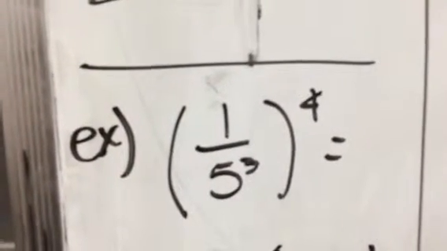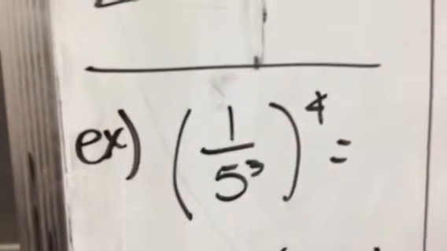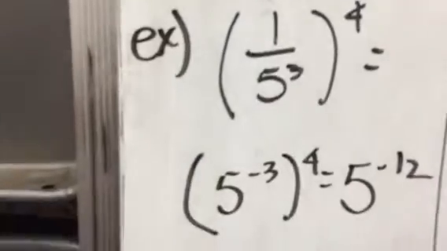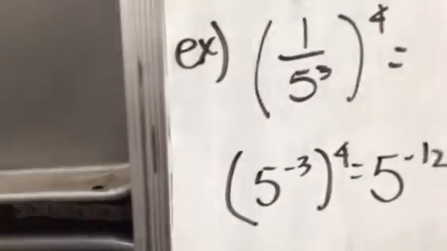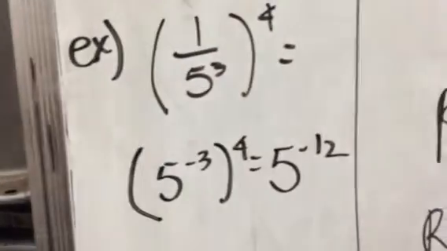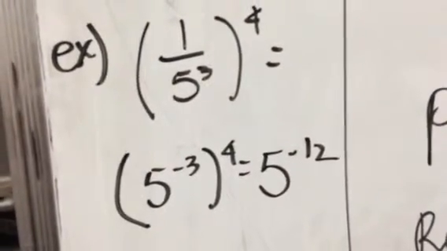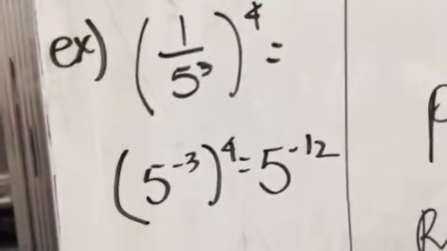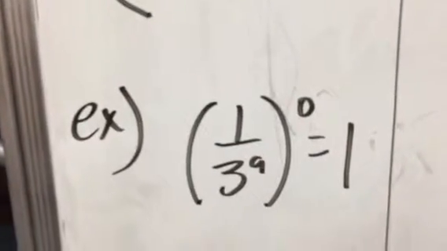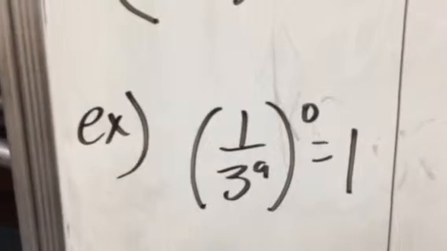You're going to multiply the 3 times the 4. 1 to the 4th is just going to be 1, right? If we bring that into a negative exponent, we can say it's 5 to the negative 3 all brought to the 4th power. So the answer is 5 to the negative 12th, and that just equals 1 over 5 to the 12th.